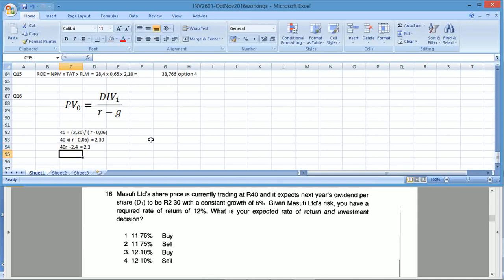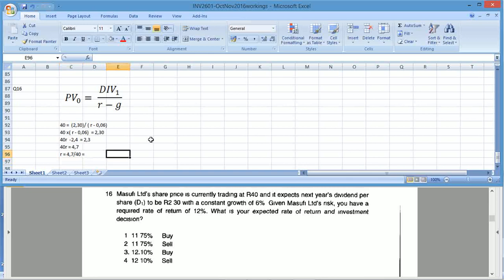Then I take the 2.4 across, so 40R equals 2.4 plus 2.3, which is 4.7. Then R equals 4.7 divided by 40, which is 11.75%. That would be the rate of return.